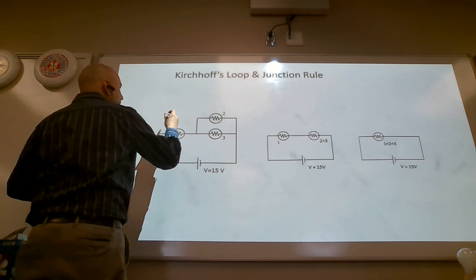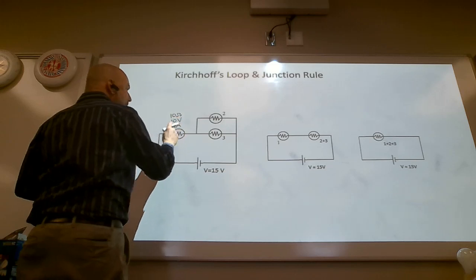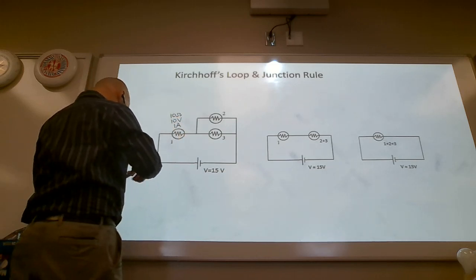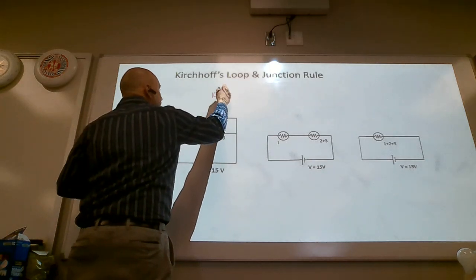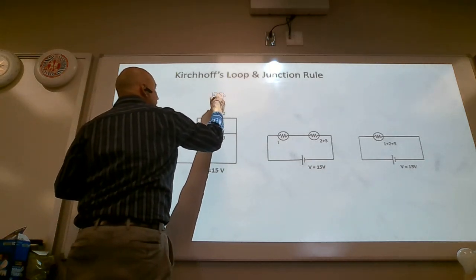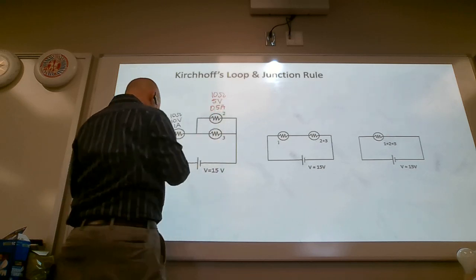This one had 10 ohms, 10 volts, and 1 amp going through it. This one had 10 ohms, 5 volts, and 0.5 amps.